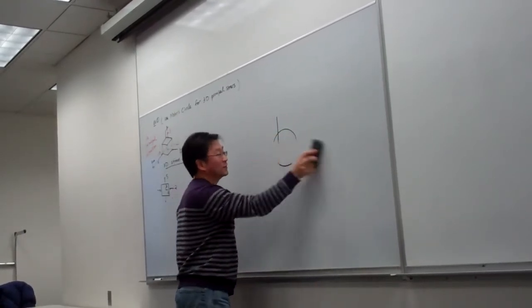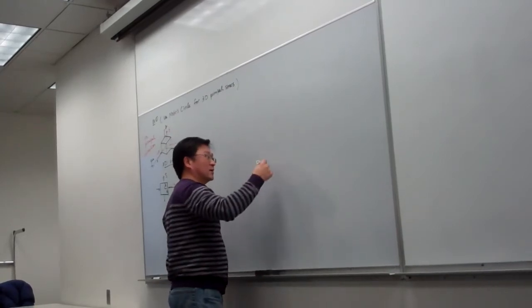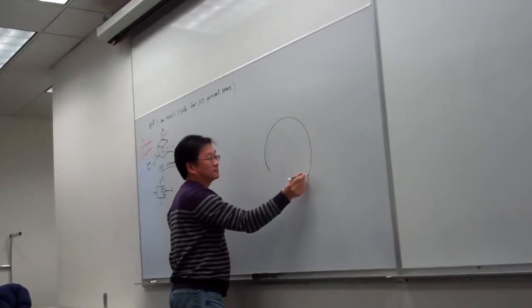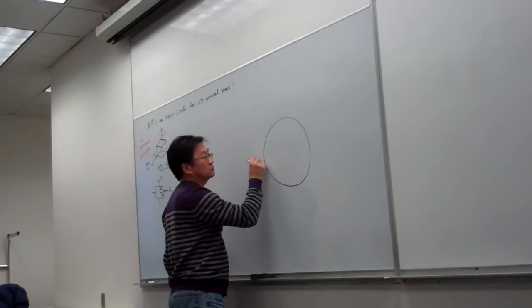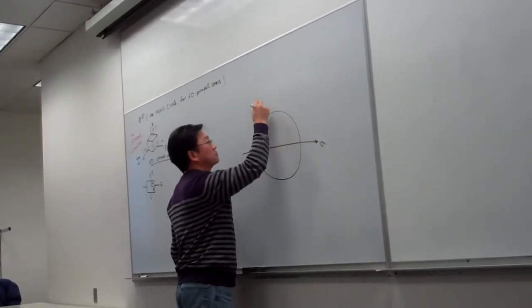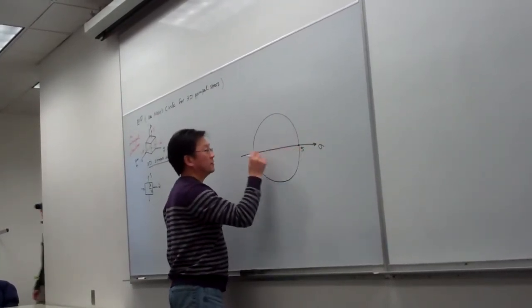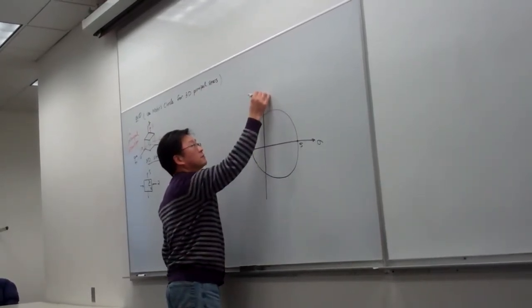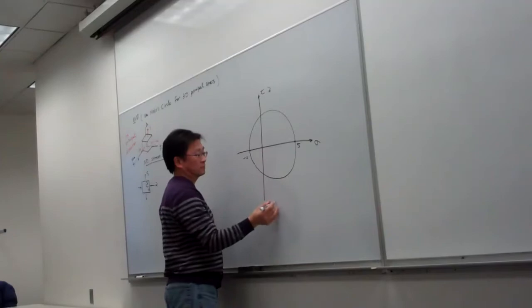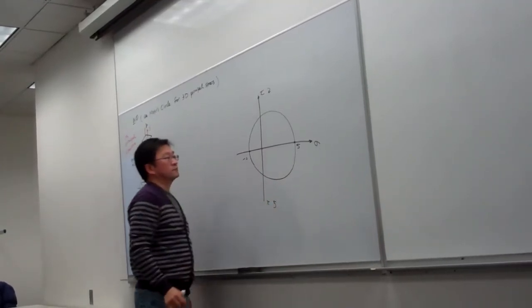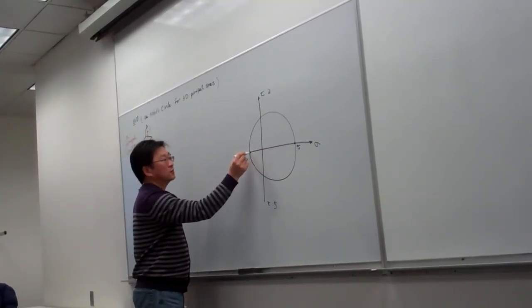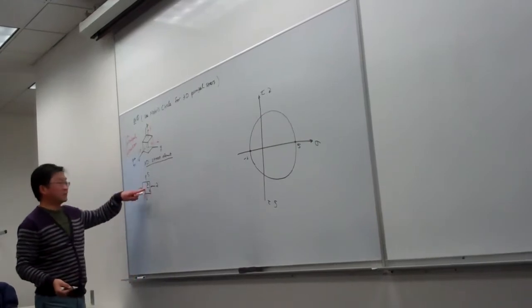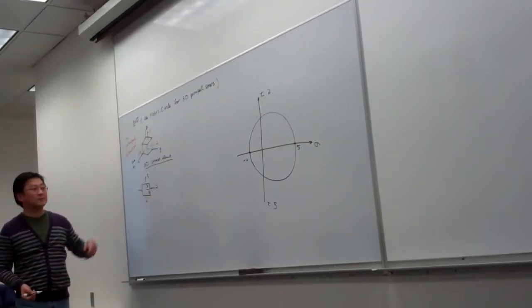Let me draw it bigger. I need a bigger one, sorry. Here is 5, here is minus 2. Okay, so this Mohr circle corresponds to this viewpoint, and there's no shear stress.